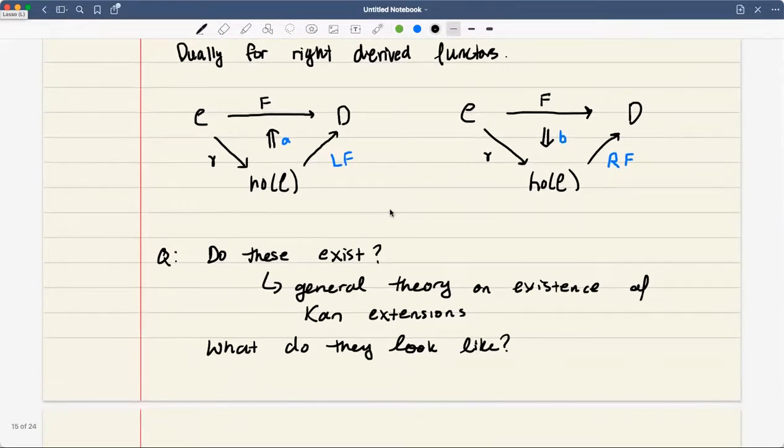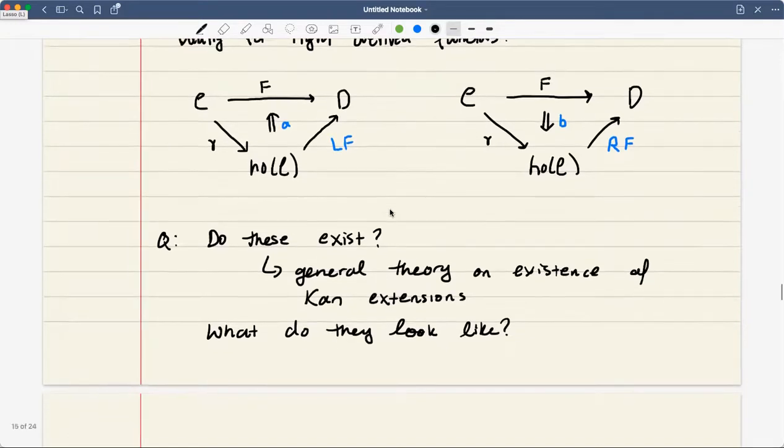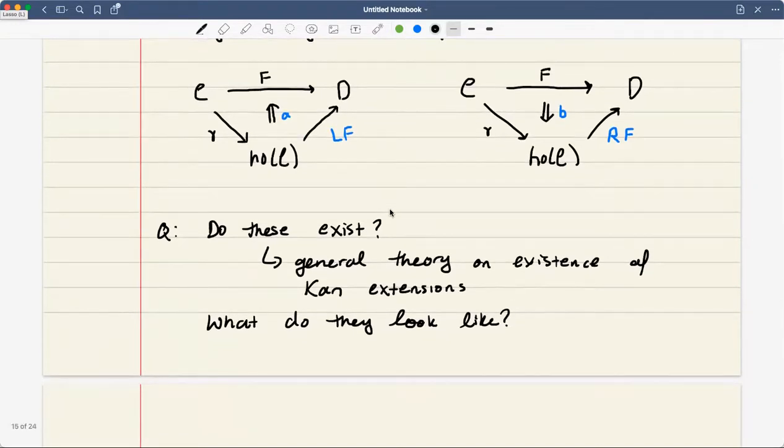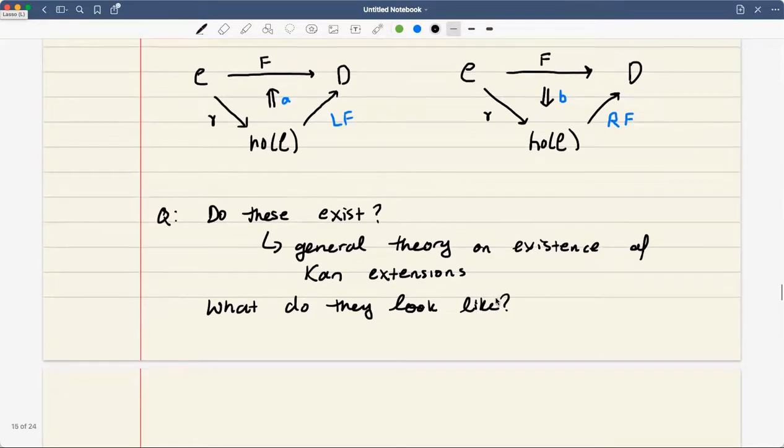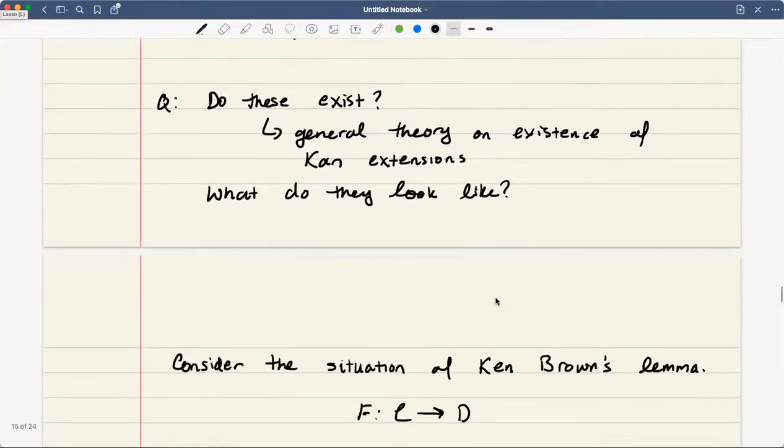So what do we achieve? The left-derived functor of a functor is a map from the homotopy category to D. Do these exist? Well, there's general theory on the existence of Kan extensions. I would risk saying usually yes, but there is some general theory that you could check. But what do they look like?